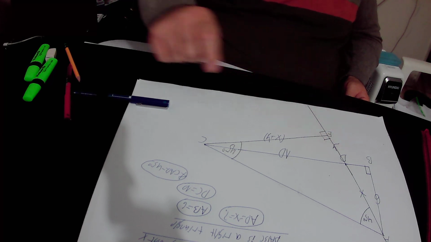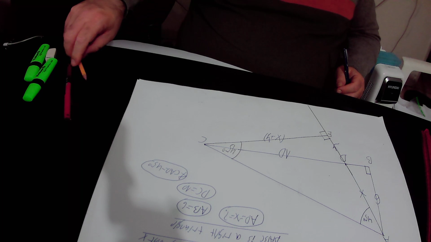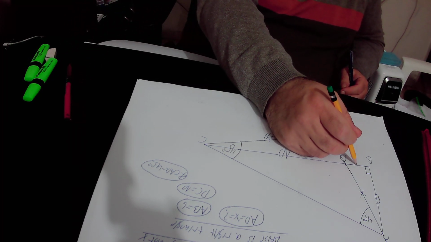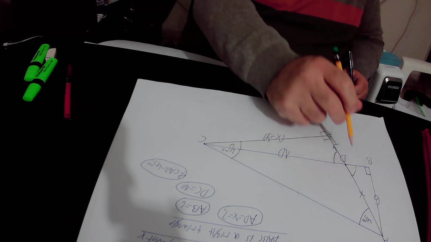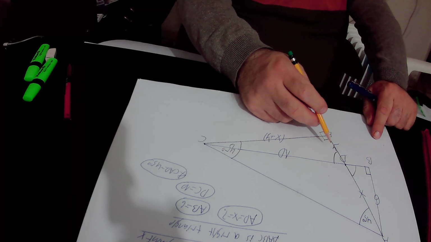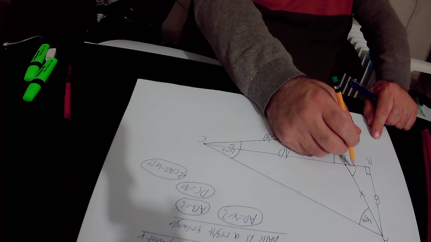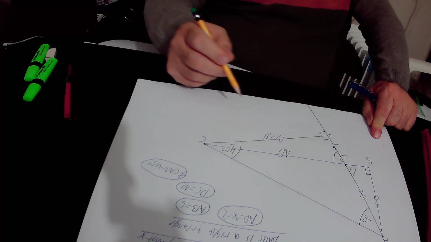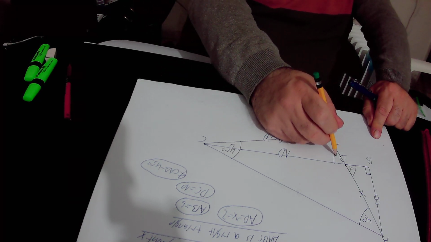So here we have vertex angles that are equal to each other. Those two angles are defined as vertex angles and they are equal to each other. So if we define angle ABD as alpha, then angle CED will also be equal to alpha.